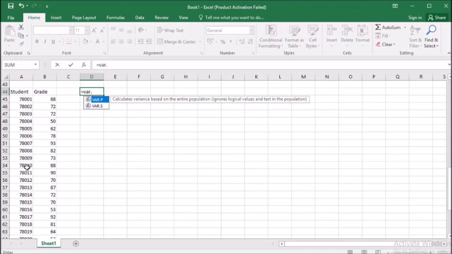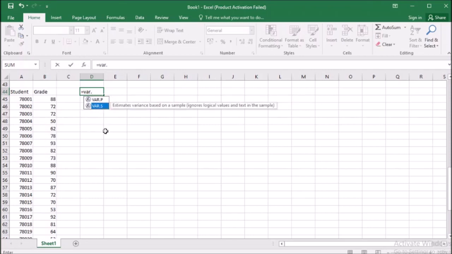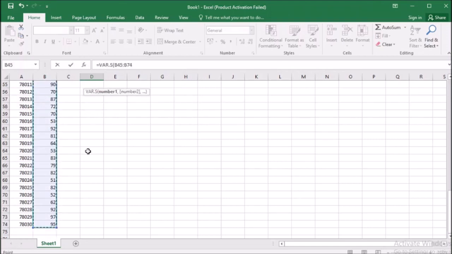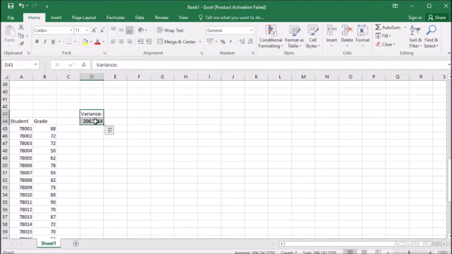This, of course, is not the whole population of all of the students in this country. Instead, it's just a sample of 30 students and their grades, so we need to choose the formula for the sample variance. Double-click that, enter all the grades in the formula, hit enter, and we have our answer.